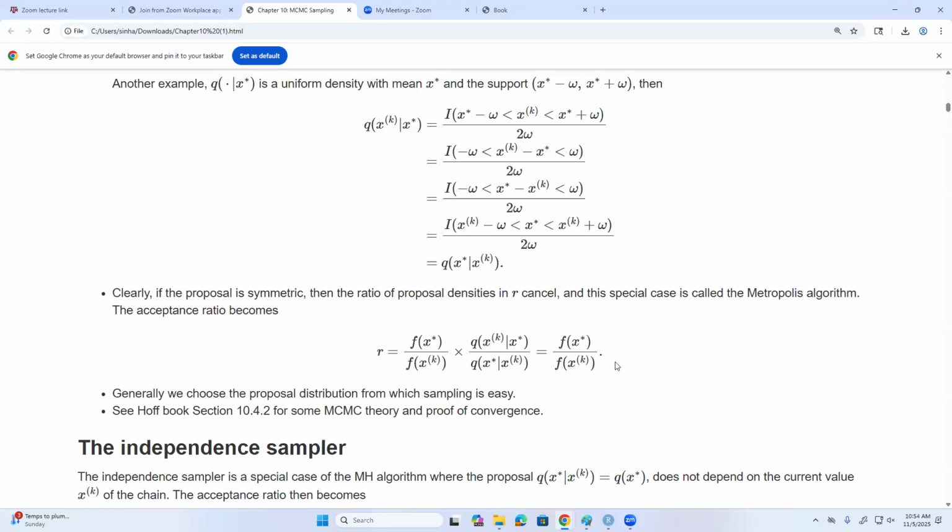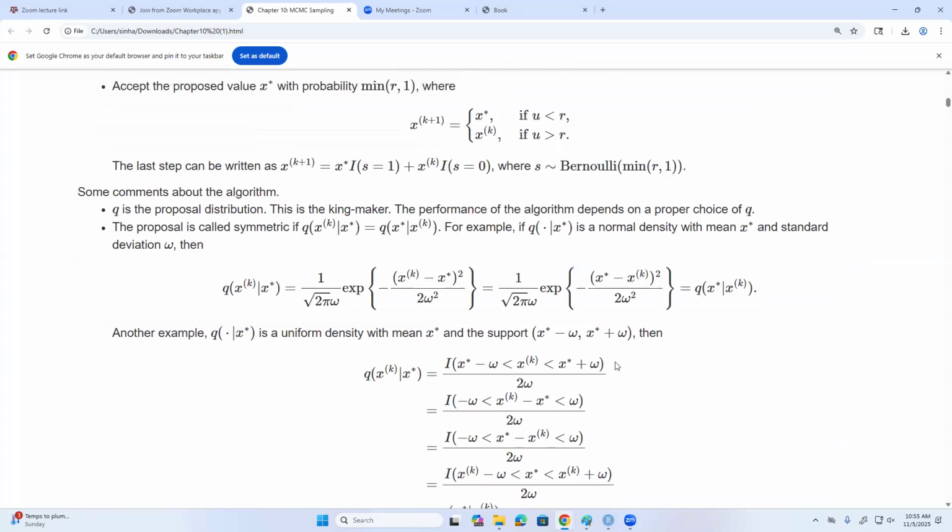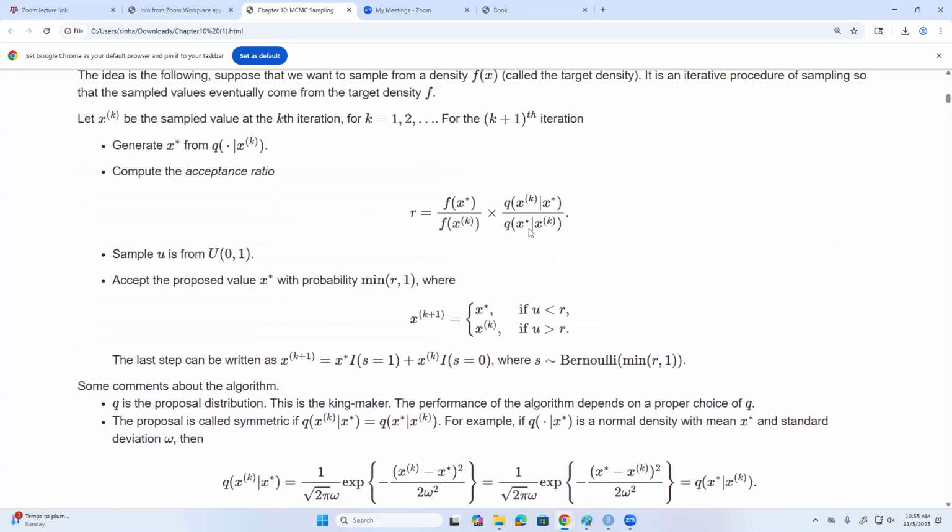Later on, it was extended by other researchers: suppose you don't have the normal proposal, you take some other proposal distribution. How are you going to modify the acceptance probability? And then this general form of the acceptance probability evolved.